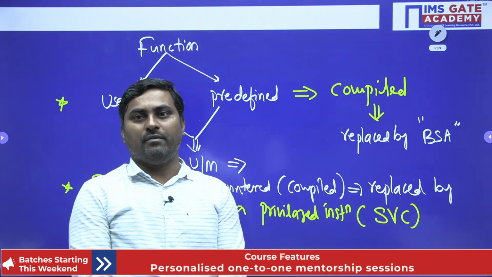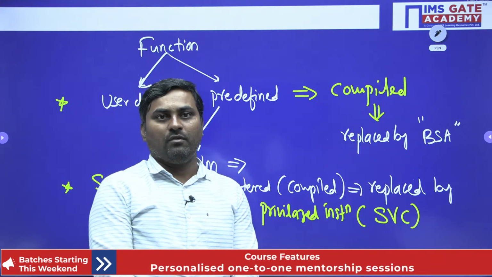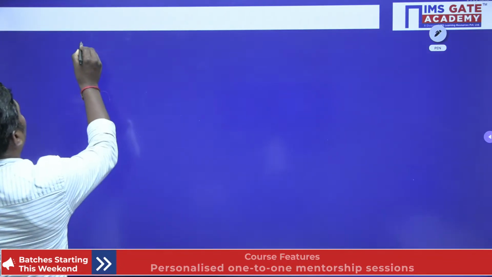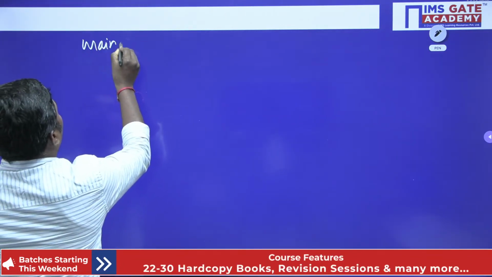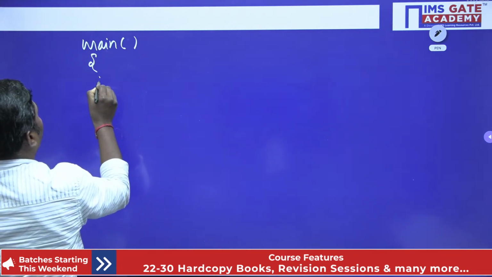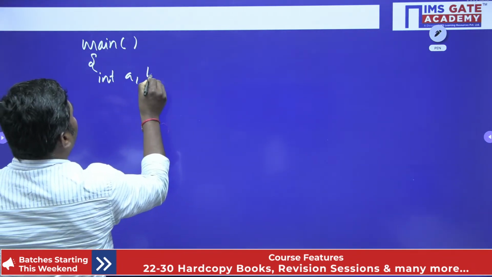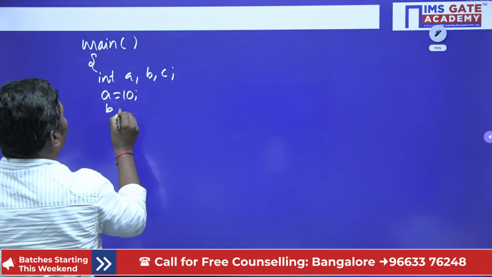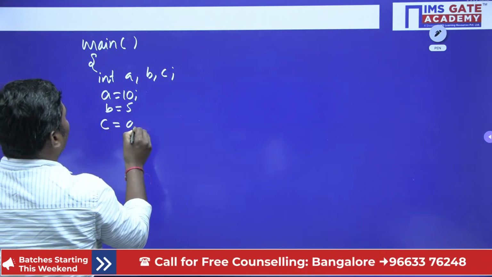Yes, everybody respond. Now look at this point. Here again I am taking an example. int a, b, c. So a equal to 10, b equal to 5, c equal to a plus b.